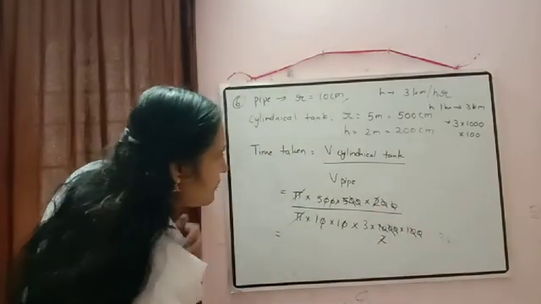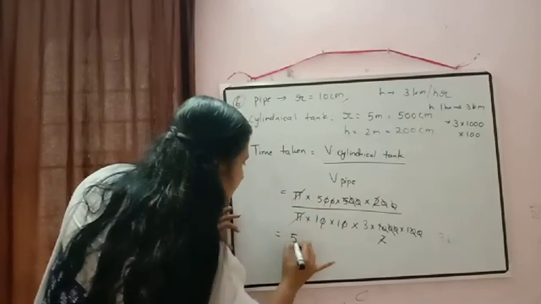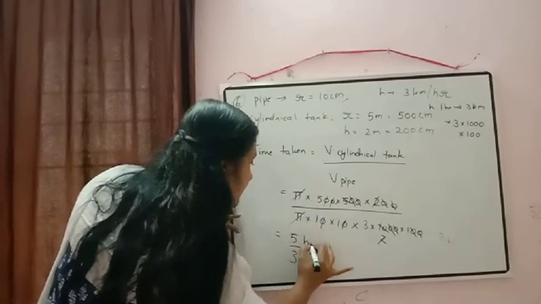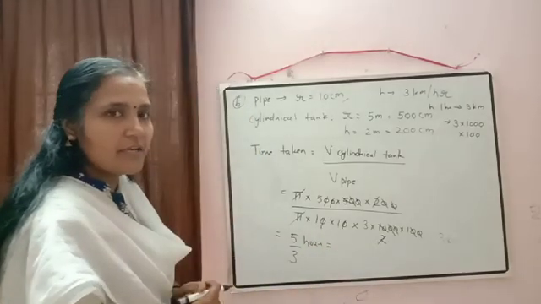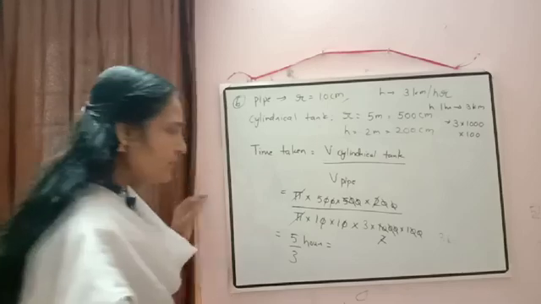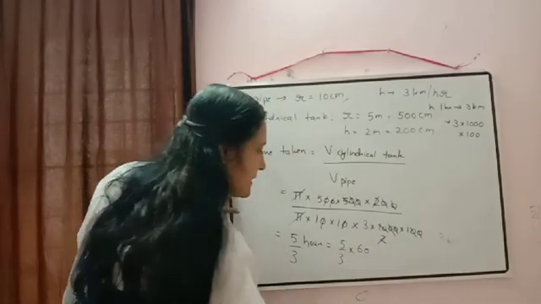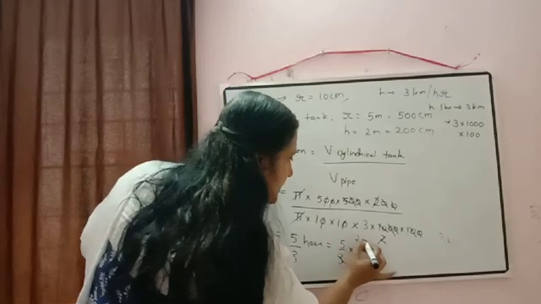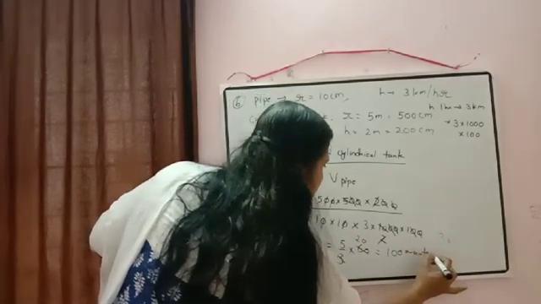Remaining, what is coming here? 5 by 3, correct? That is 5 by 3 hours. So if you have to convert into minutes, what we have to do? Yes, 5 by 3 into 1 hour is equal to 60 minutes. So it will be 3 twos are 100 minutes.